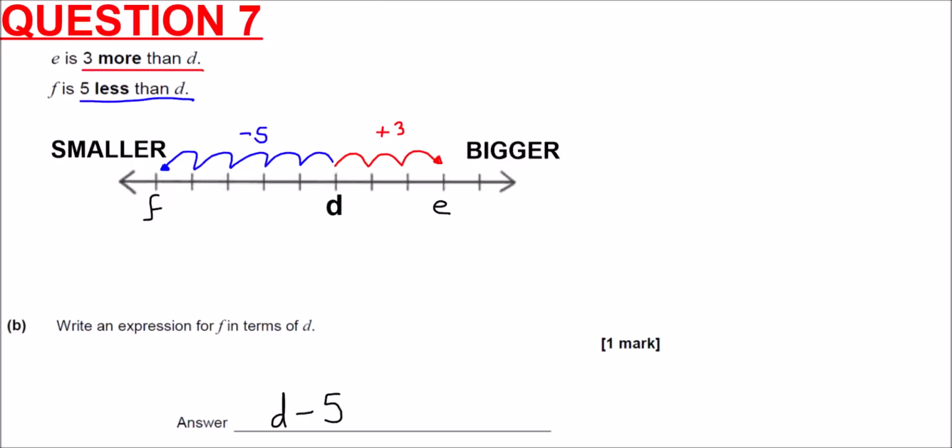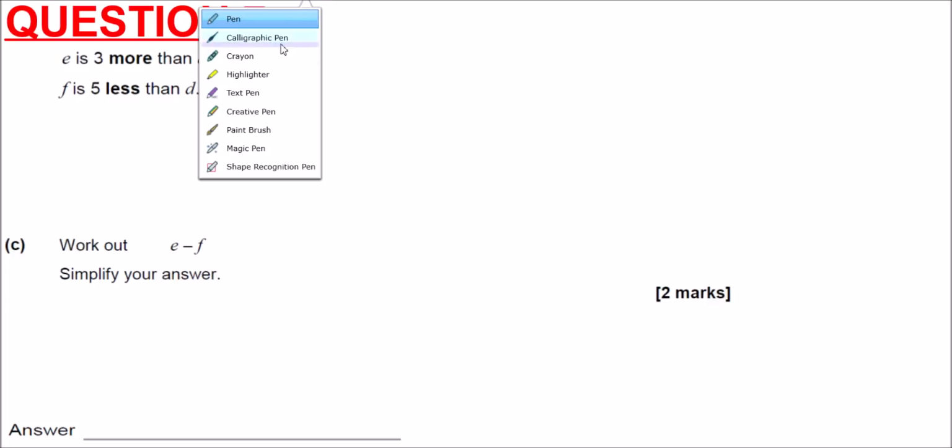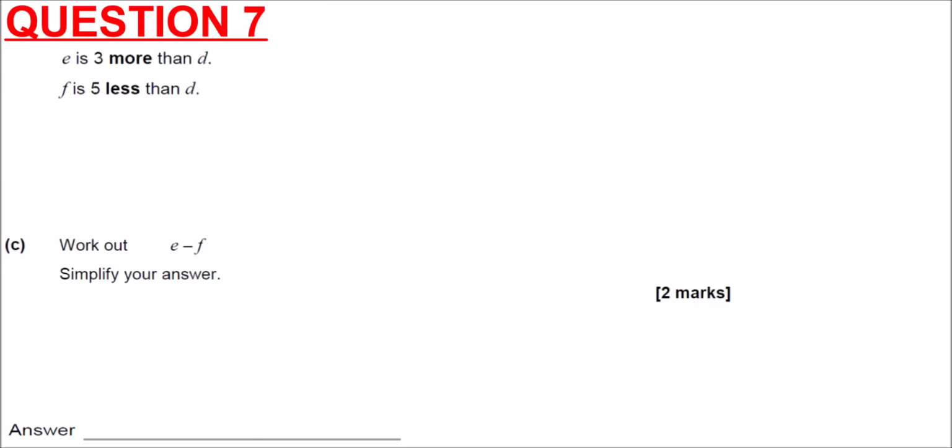Let's have a look at part C next. It says to work out E minus F, to simplify your answer. I'll do this purely algebraically, and then I'll show you how a number line would really help, I think. And so if we just think about what E is, from before, from part A, we worked out that E we could write as D plus 3.